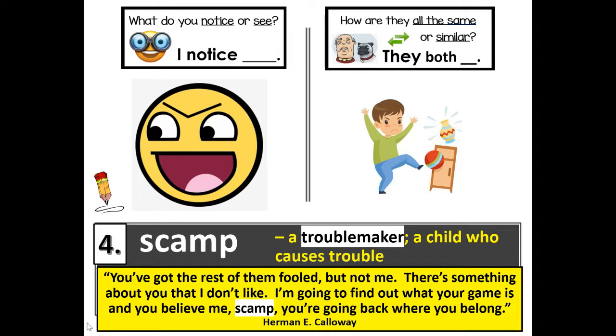"You've got the rest of them fooled, but not me. There's something about you that I don't like. I'm going to find out what your game is, and you believe me, scamp. You're going back where you belong." Herman E. Calloway. So he was talking to Bud when he called him a scamp or a troublemaker.